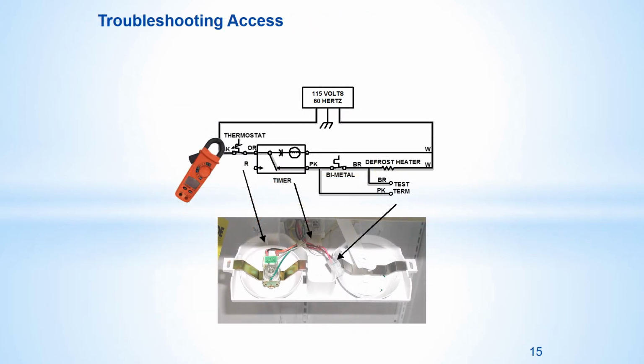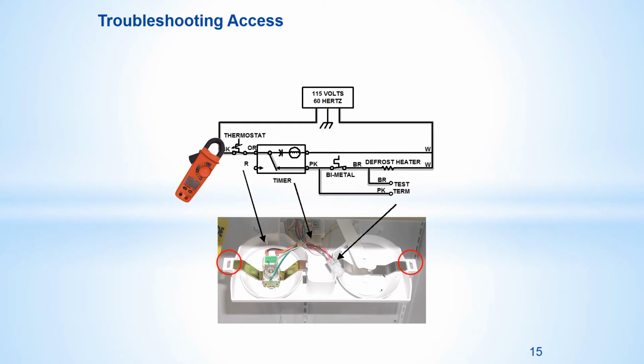If your ammeter indicates the defrost heater did not come on, you will need to make voltage checks in the heater circuit in order to find the fault. To gain access for electrical diagnosis of the defrost circuit on the model depicted here, the control console can be lowered from the ceiling of the fresh food compartment.